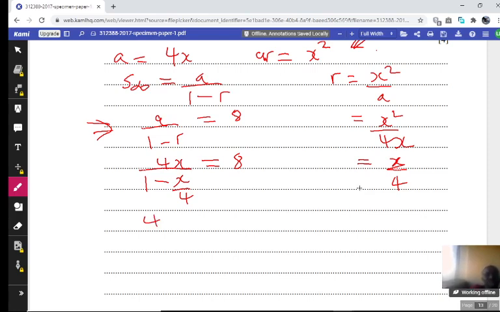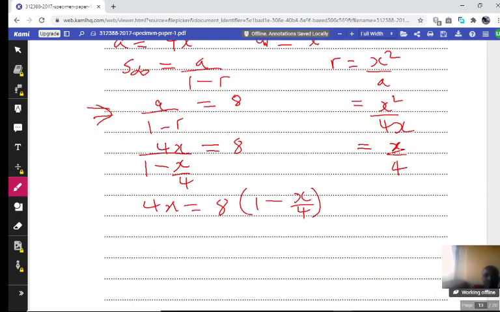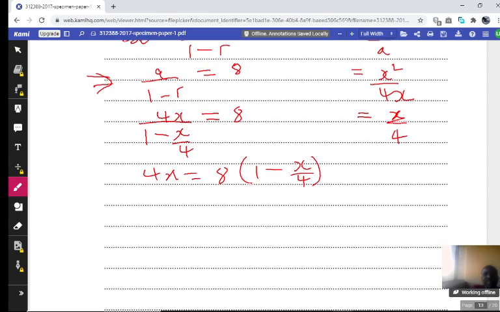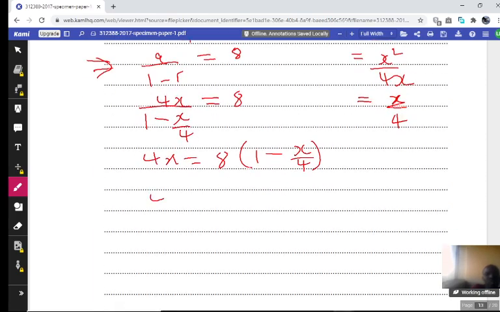So it will be 4x equals 8, then multiply by 1 minus x over 4. Then remove the brackets, and you will be left with 4x equals 8 minus 2x.